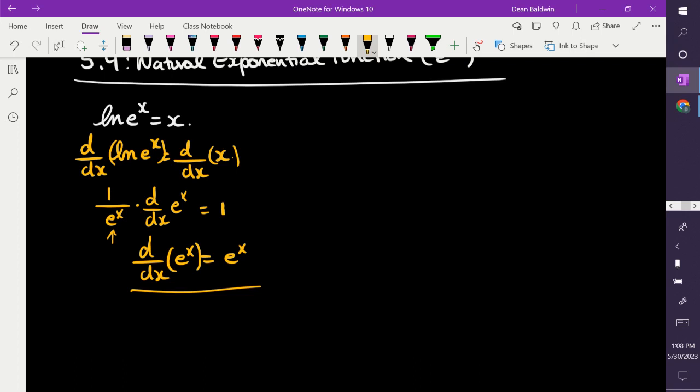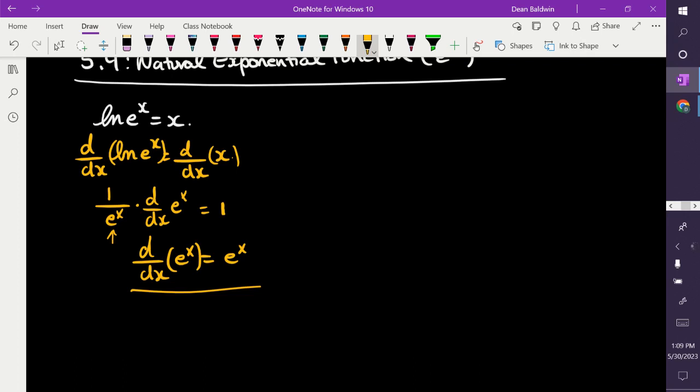The derivative of a log function is 1 over this thing times the derivative of that thing. I don't know what the derivative of that thing is, so I just wrote d dx of e to the x. The derivative of x with respect to x is 1, and then I multiplied this e to the x up, and I got that the derivative of e to the x is e to the x.